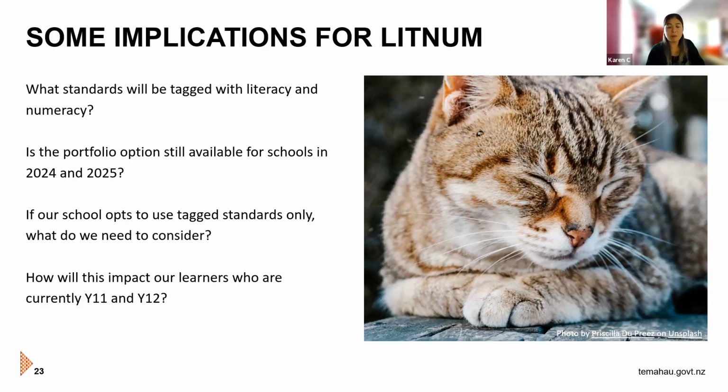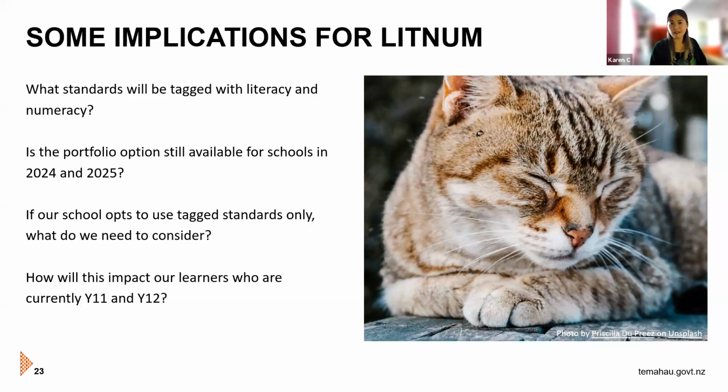And there is something to be mindful of though. So you may have noticed that as part of the Minister's announcement, she did flag that the new NCEA level 1 mathematics and statistics standards would most likely be tagged with numeracy.